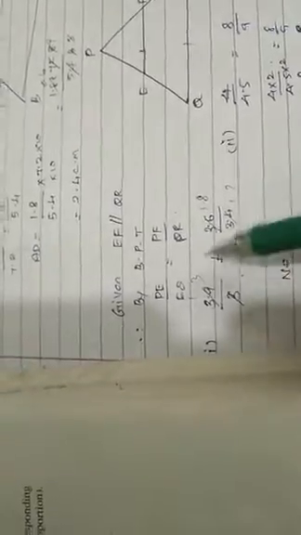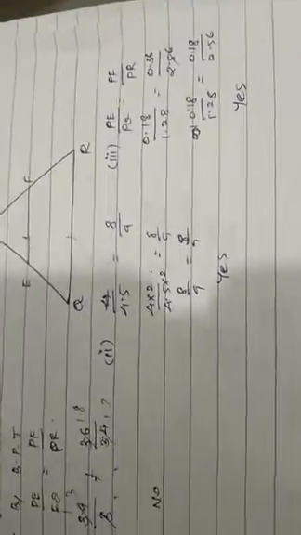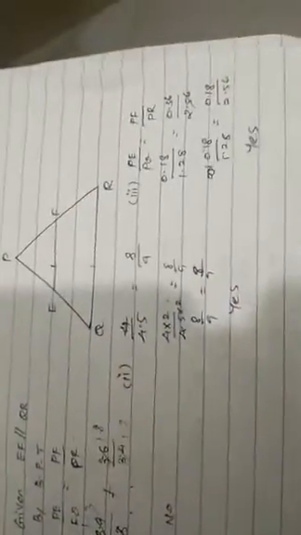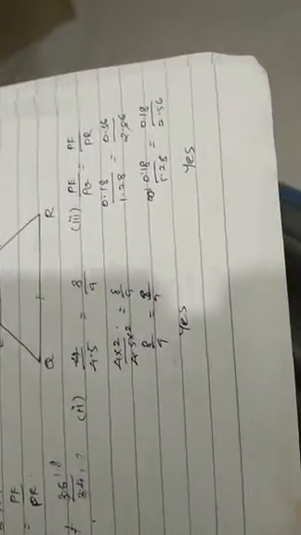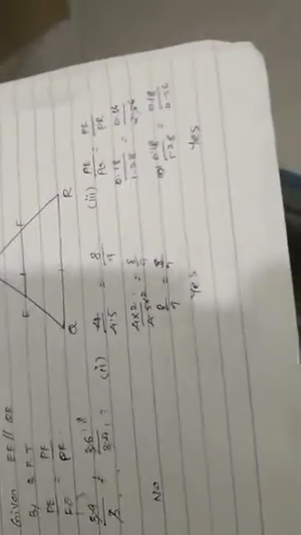If they are equal, we can tell the two lines are parallel, otherwise they are not parallel, by using the converse part of the basic proportionality theorem. By theorem 6.2, Thales' theorem or the basic proportionality theorem converse part, we can tell this is definitely not parallel lines.